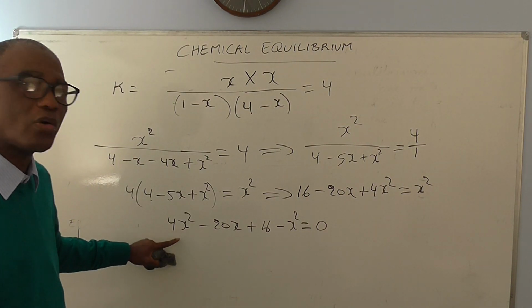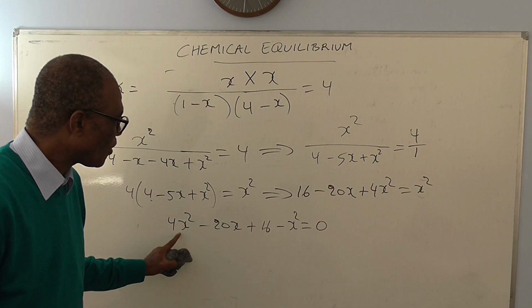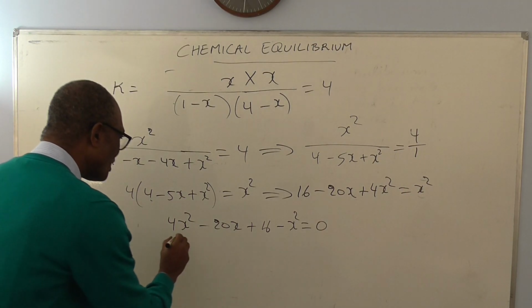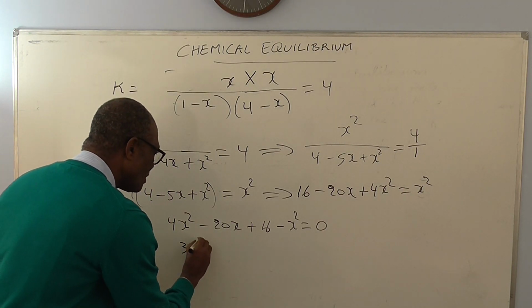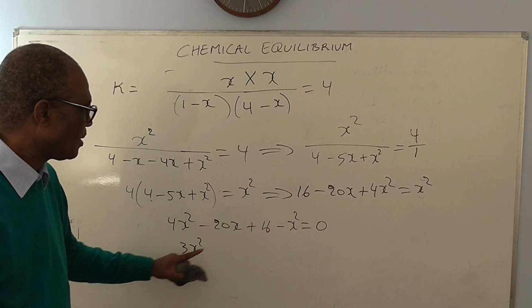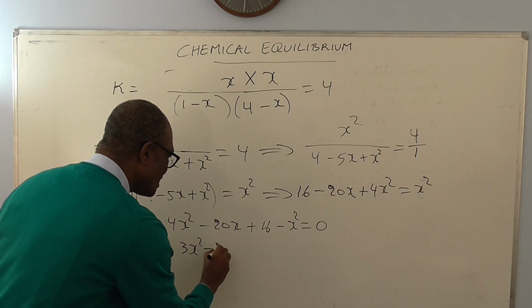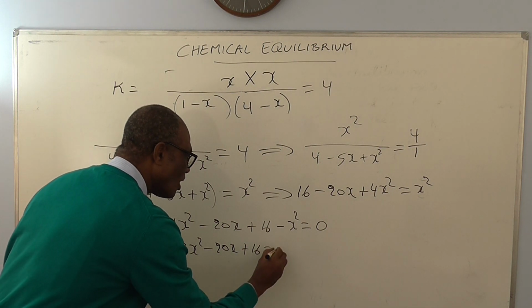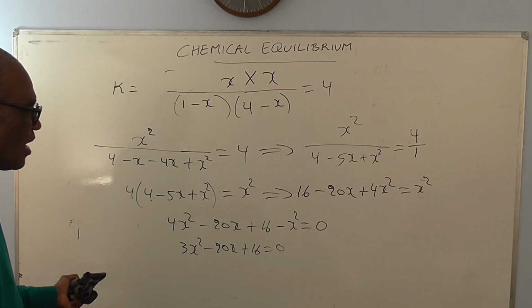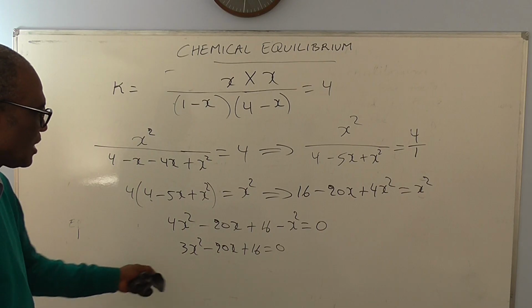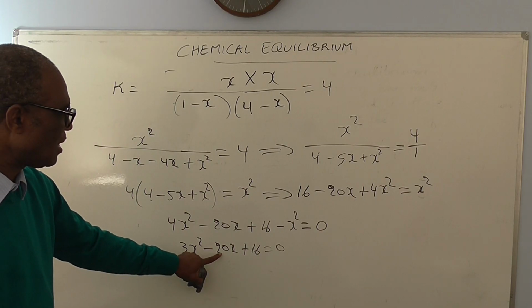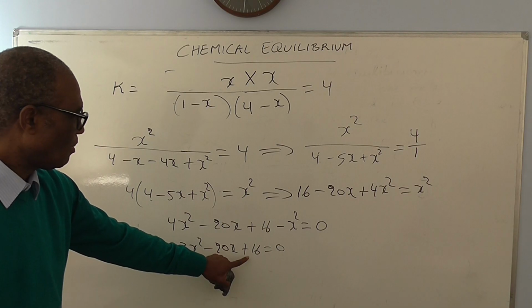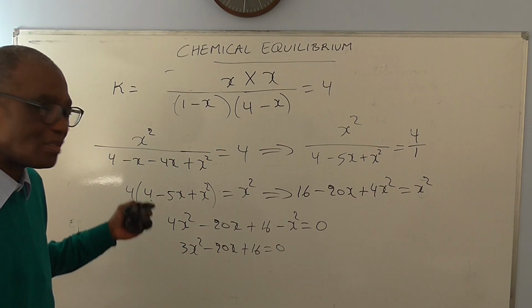From here, we're going to write what? 4x squared, take away this, get 3x squared, okay, 3x squared minus 20x plus 16 is equal to 0. Look what we have. 3x squared minus 20x plus 16 equals 0.